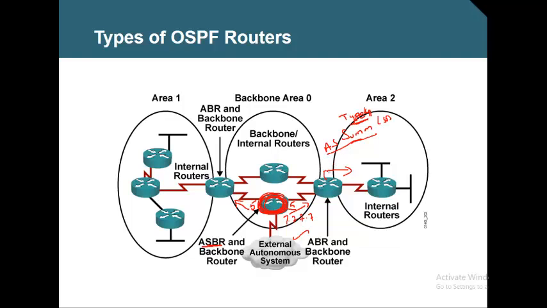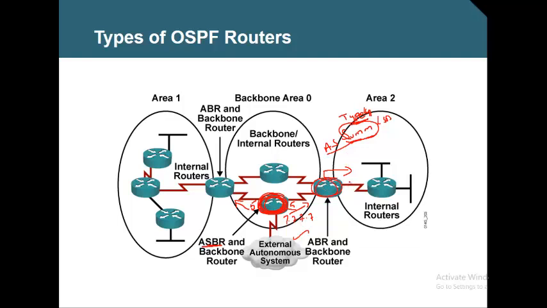What is type 5? Type 5 is autonomous system external LSA. Type 4 is autonomous system summary LSA. What you need to understand is that because it is a summary LSA, it is originating from the ABR. Type 4 originates from the ABR.